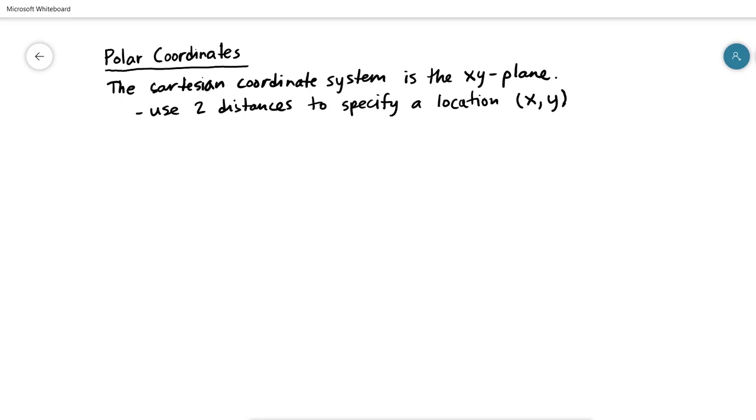We are going to be using a new coordinate system called the polar coordinate system. The polar coordinate system will use two new variables. Instead of x and y, we will use r and theta.